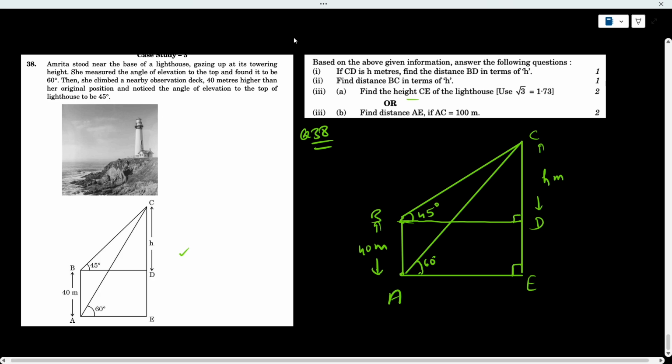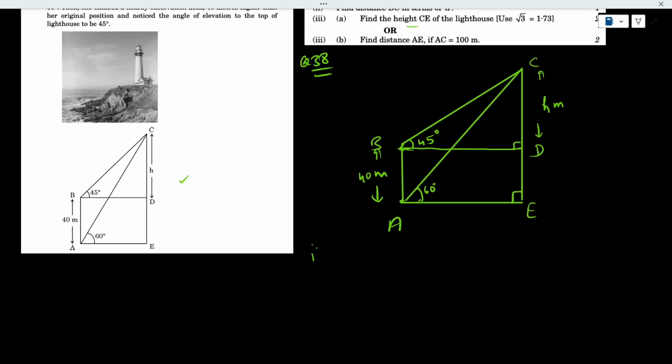So how are you going to do it here? First, you will mention in triangle BDC, right? Now here I need to find BD. So what do I need to take here? Opposite by adjacent with respect to 45 degrees, because BC is the hypotenuse and we are not considering the hypotenuse here. So always remember, whenever you're doing trigonometry, the SOHCAHTOA rule: sine is opposite by hypotenuse, cos is adjacent by hypotenuse, and tan is opposite by adjacent.